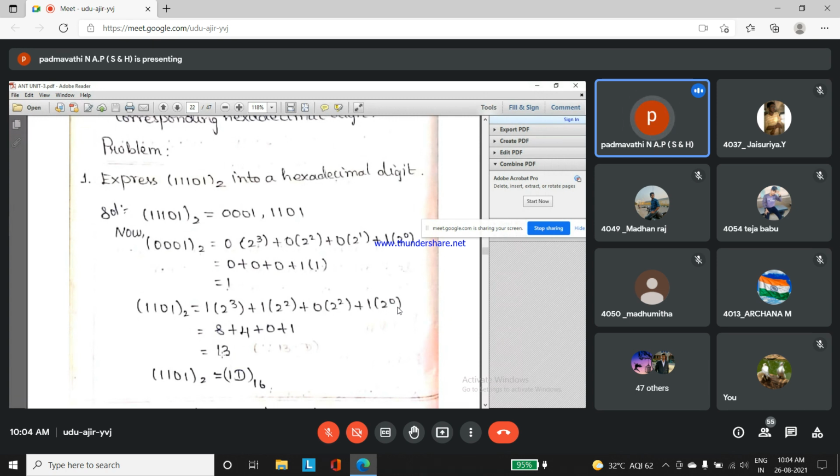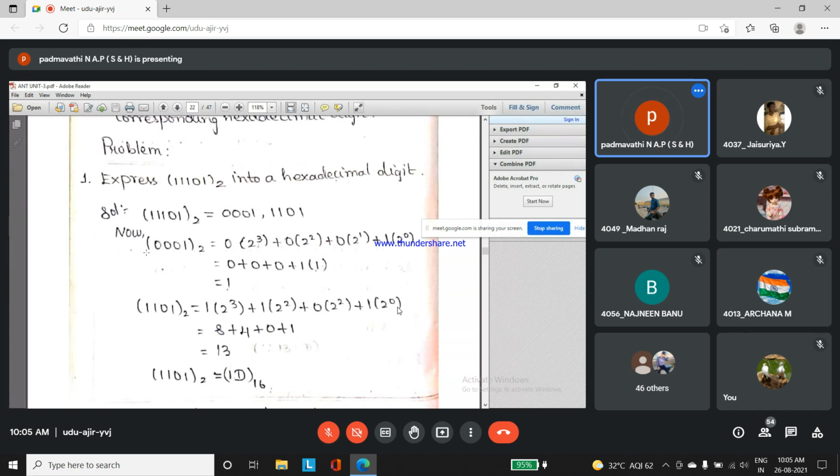Students, we know the values of A, B, C, D, etc. A is equal to 10, B is equal to 11, C is equal to 12, and D is equal to 13. So now for the hexadecimal digits, taking from up and down, 1 and 13, and 13 is equal to D.